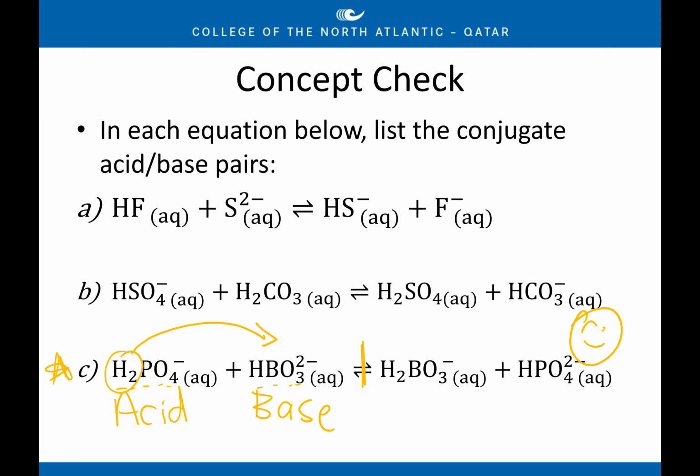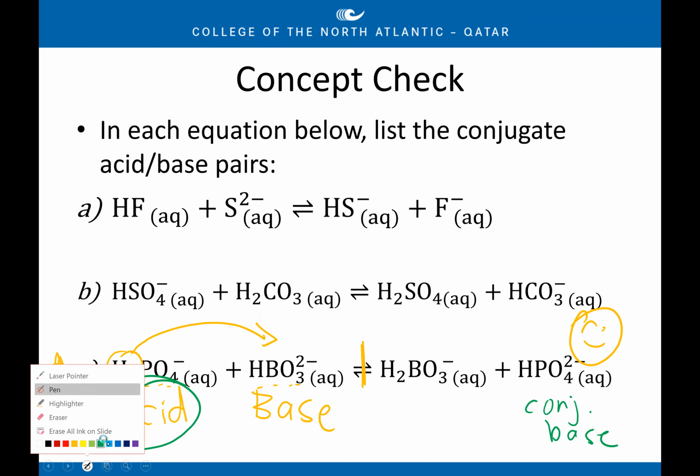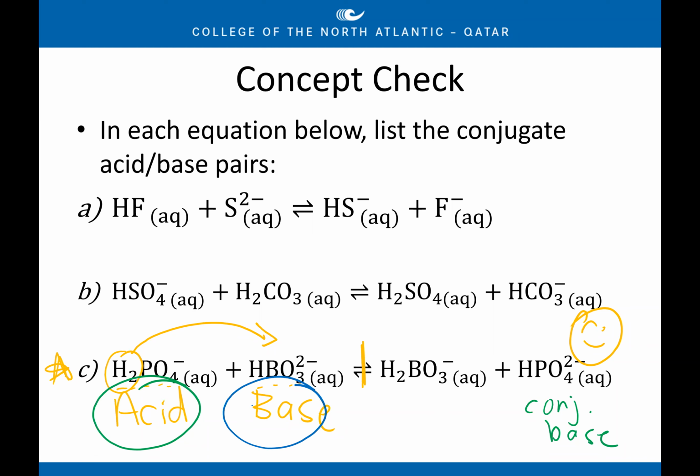Well, the conjugate acid, let's pick a different color here. I'm feeling green. This conjugate acid turns into the conjugate base, and I'm going to pick blue for my base.